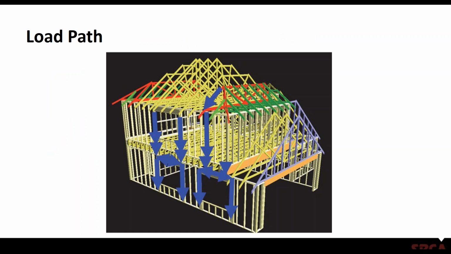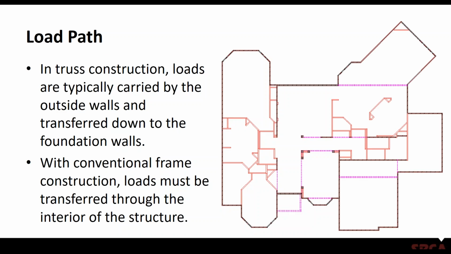Again, load path: that load is accumulating from a gravity load standpoint as you work from the roof down through the structure. And so typically, as that load accumulates and moves through the structure, you have the highest magnitudes occurring down at the first level of the house, and that all needs to be taken into account with sizing of the members.